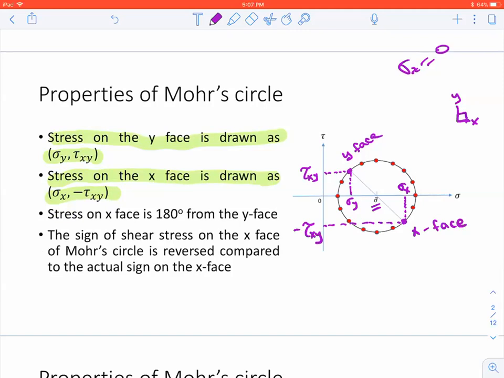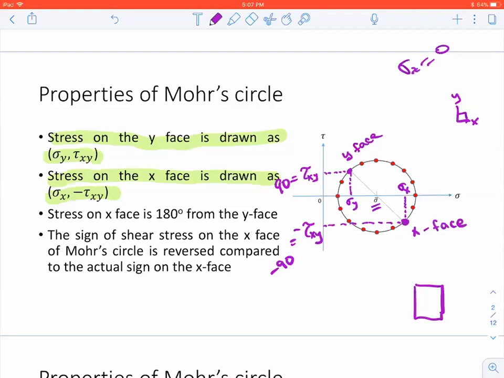So what does this mean? This means that whatever shear stress you see on your X face, in reality on that particular stress element, the shear stress will be of opposite sign. So if I see, say this is minus 90, and say this is plus 90, then if this is my X face, the X face will always have the sign of the shear stress flipped from the actual sign.